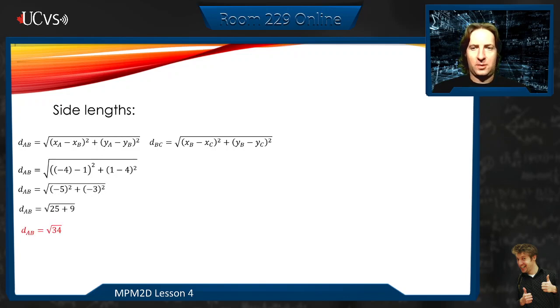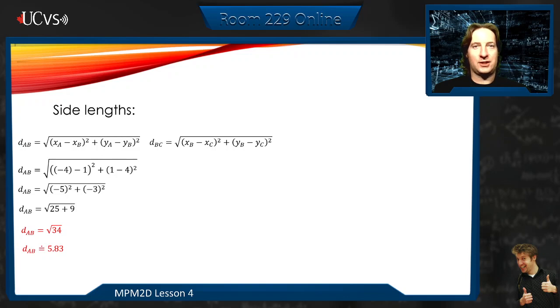Now, a few of you asked if you should leave it like that, as a radical. We say that this answer, root 34, is the exact value. Once we plug it into our calculator, it gives us a value of 5.83, which has a whole bunch of decimals. It basically has infinite decimals.